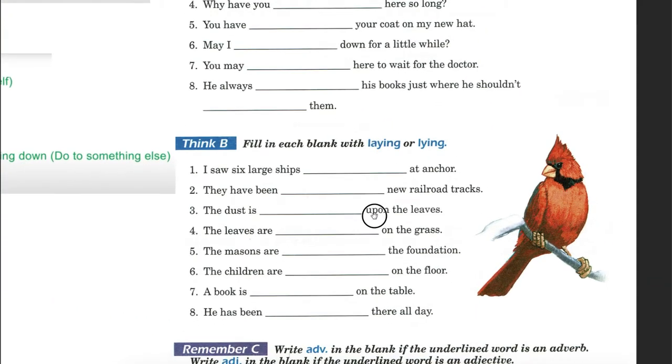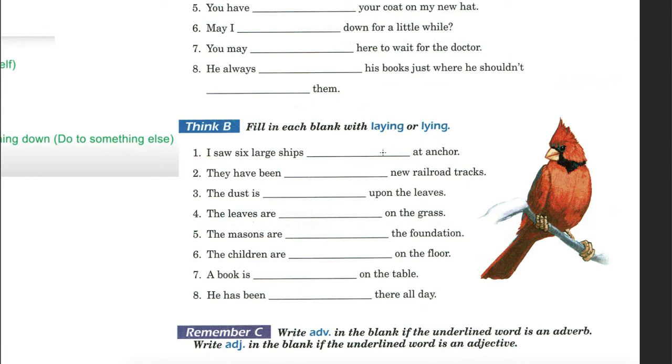All right. Okay, so think B. Fill in each blank with laying or lying. I saw 6 large ships blank at the anchor. So laying or lying. Remember, laying is if you're doing it to something else. So if something is doing something to something else, you would use laying.